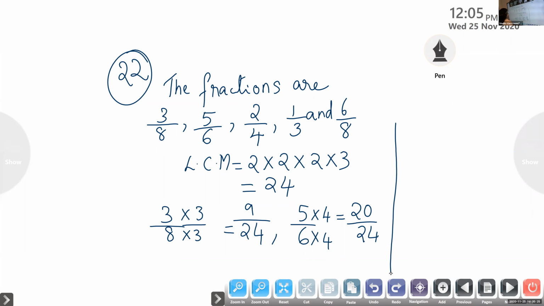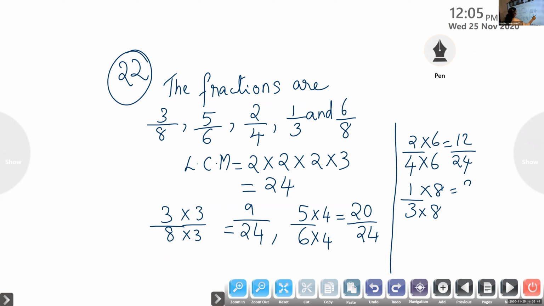Now next one, 2 by 4. One by 3. Ma'am, after we find the equivalent fractions, we should write descending? Yes. First we have to find the equivalent fractions.